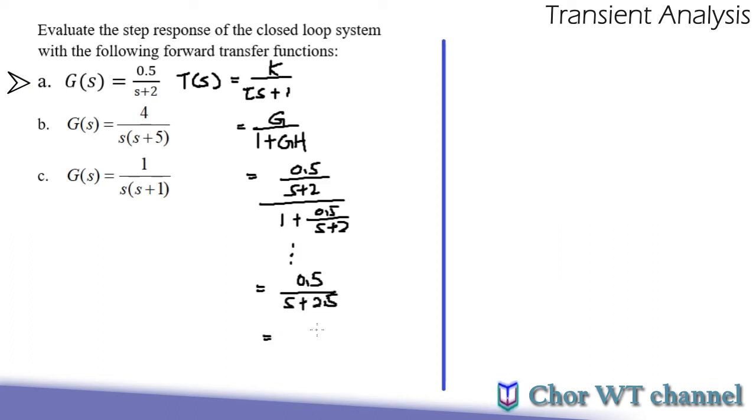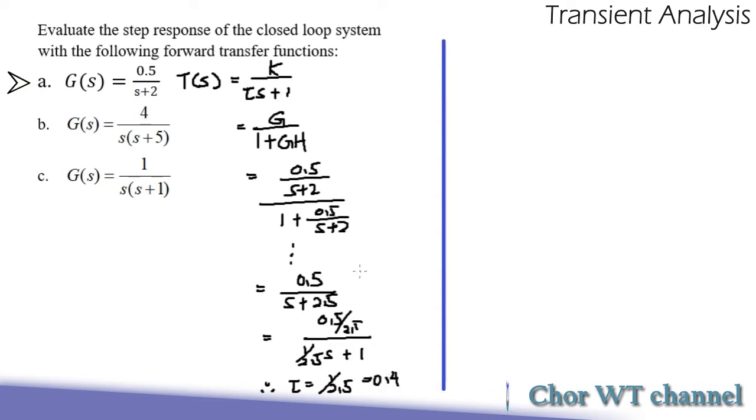In this case, the tau and also the k can be determined by dividing both numerator and denominator by 2.5. So 1 over 2.5 s plus 1. And then the important one will be our tau, which will be 1 over 2.5, which equals 0.4.